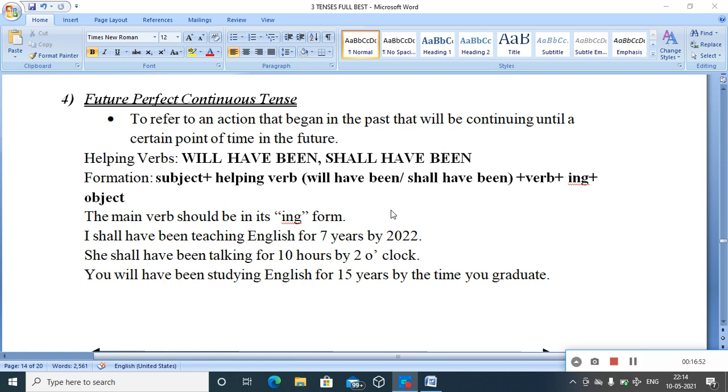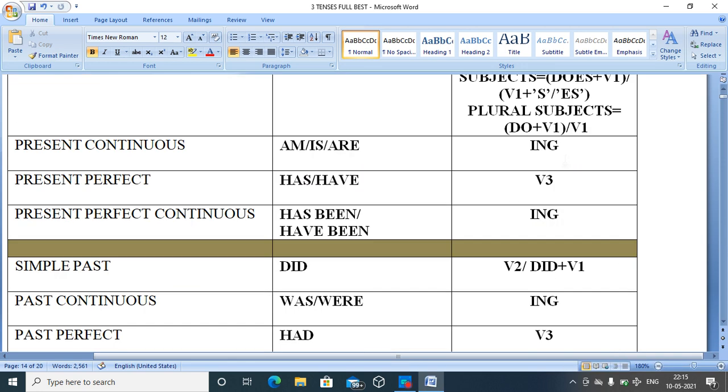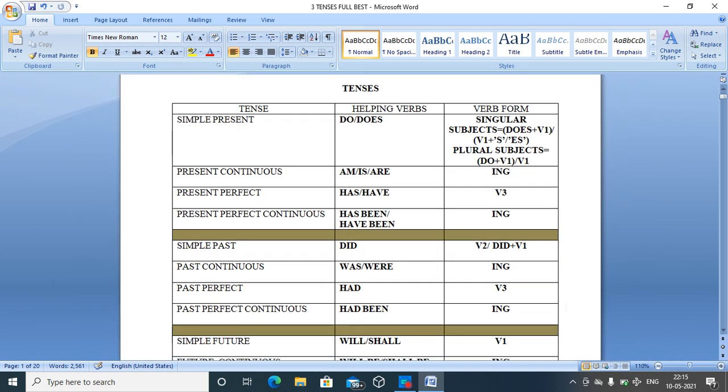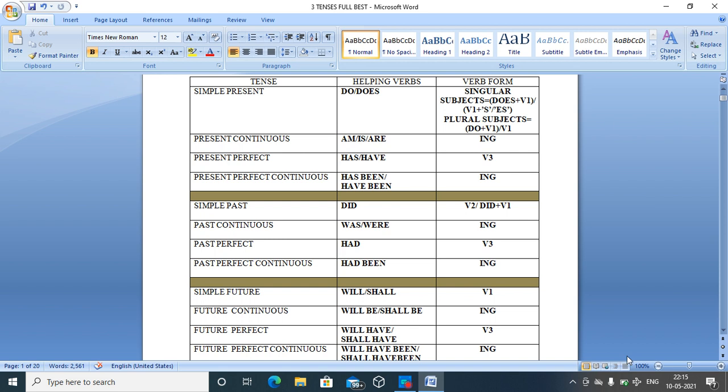Then the main two other details you have to know about any tense are the helping verbs and the verb form, and only 3 or 4 verb forms you have to remember. This nutshell gets you everything in detail. Nothing more than that is needed. Helping verbs and the verb form.